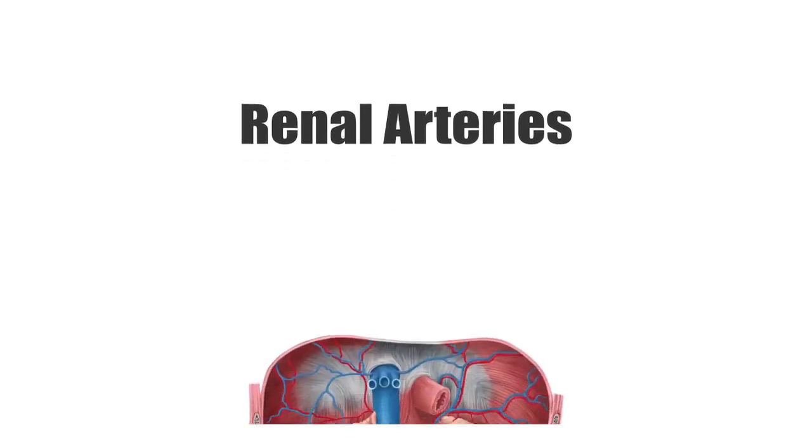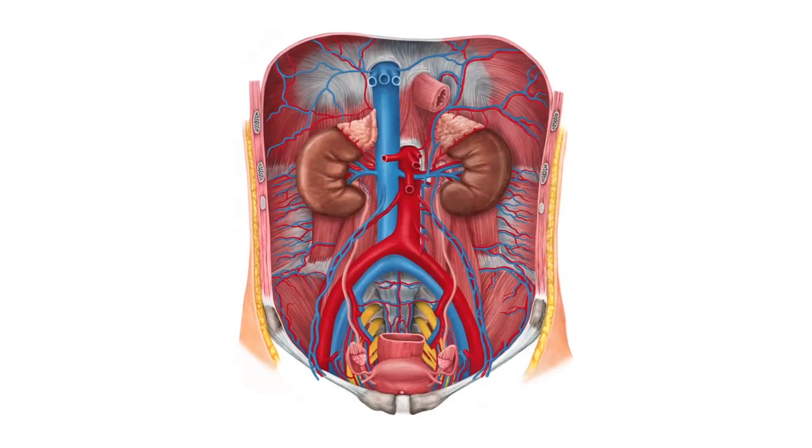This time I'm going to be talking about the renal arteries, these blood vessels that supply two organs in your body, the kidneys, as you can now see on the image. We are looking at the anterior view of the abdomen if we were to strip all the organs that you can find on a more anterior, or ventral, side of the abdomen, and we're left with the kidneys.